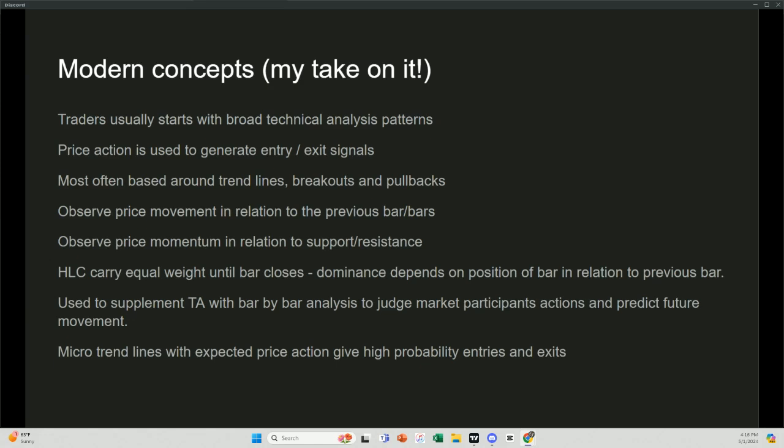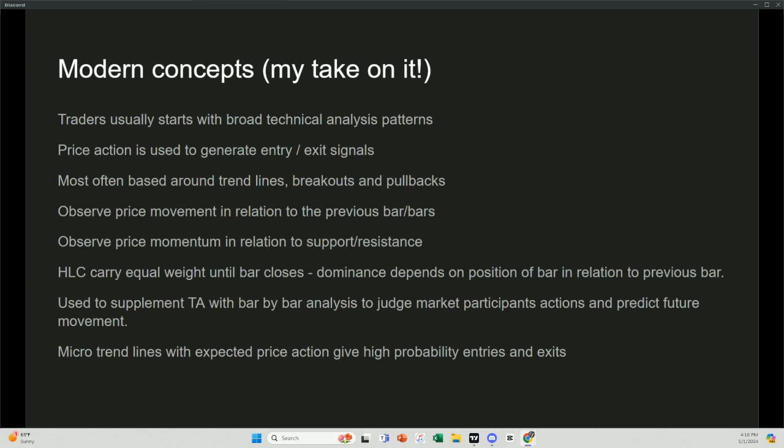But then you can start to use the actual price action to generate the entry and exit signals. And that can be either in the lead up to a pivot point, or as things start to top out, and that's where you're going to sell into strength and things like that. So you're looking for those price action signals to tell you when's the optimum time to exit.